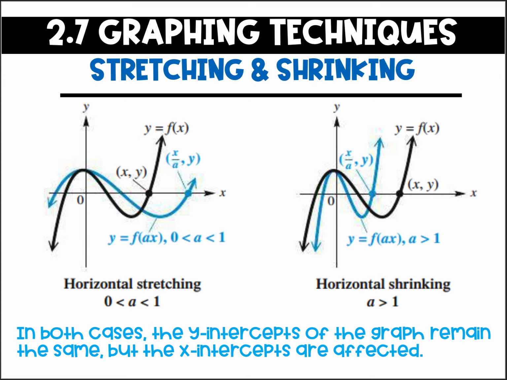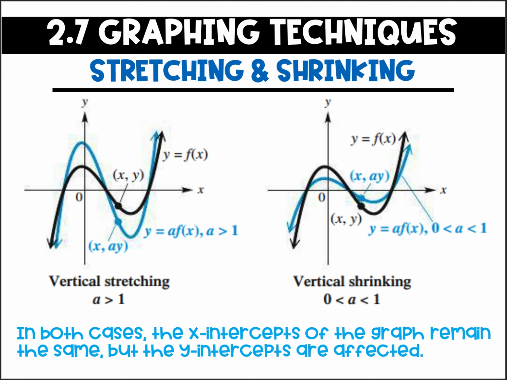Here's some more examples for the vertical stretch and the vertical shrink. Now similarly, this is when you're multiplying a times f of x. Again, I'm multiplying my outcome, not the input.